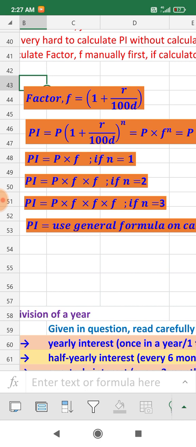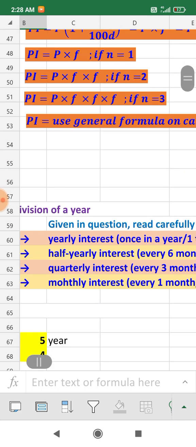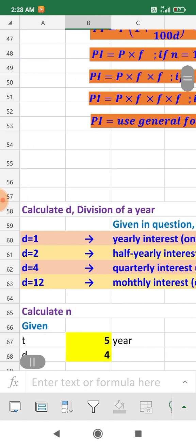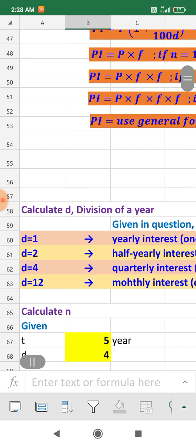I am telling it so easily, but it is not so easy to calculate without a calculator. Very ridiculous task without a calculator. So keep your head cool and calculate in the exam hall.